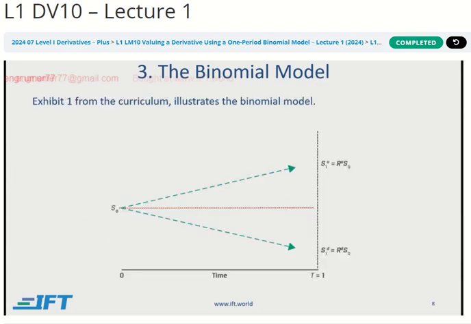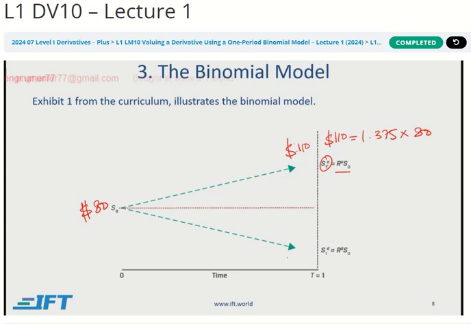You can see this in Exhibit 1 in the curriculum. If you start off with a price of 80 and go to a price of 110, S up is 110, which can also be written as the up return, 1.375, multiplied by S0, which is 80. That is what this formula is showing.